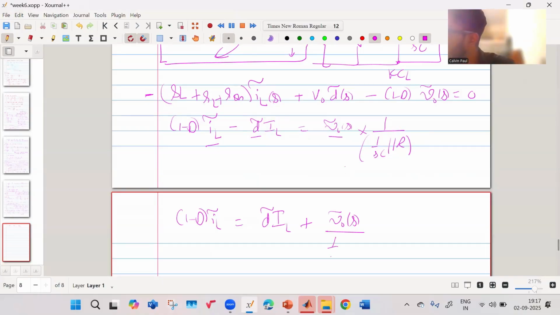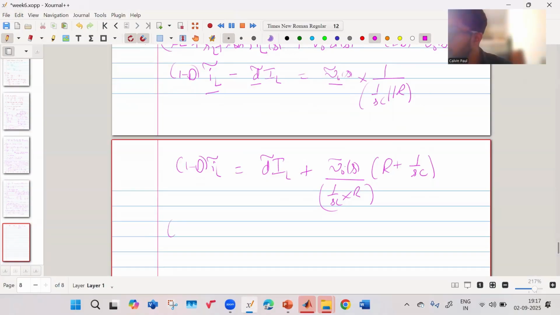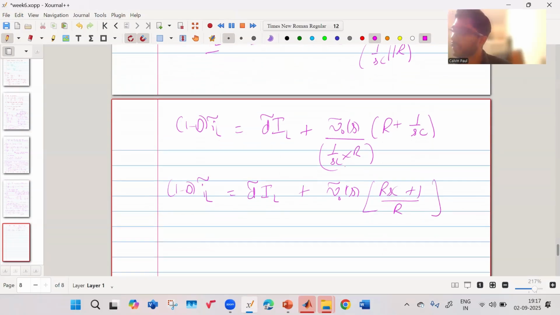That is your 1 upon SC into R upon R plus 1 upon SC. Right? So your 1 minus D into IL per term is equal to D per term into IL, V output per term of S into, so this will be RSC plus 1 upon R. Okay.